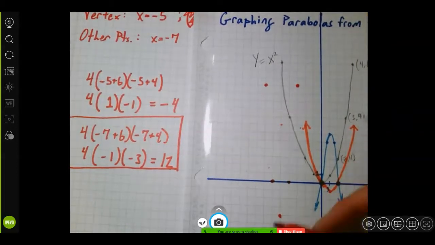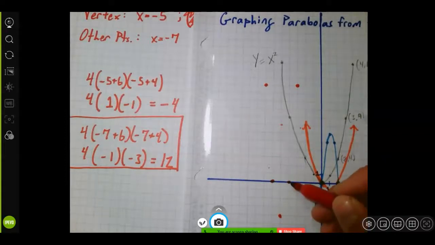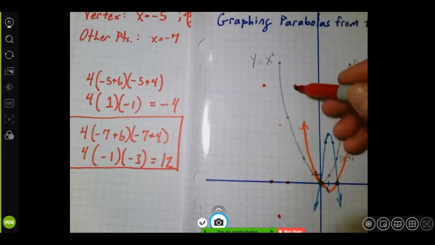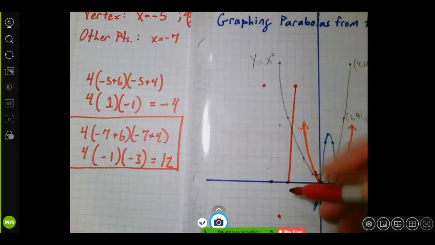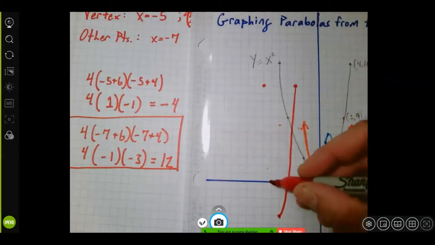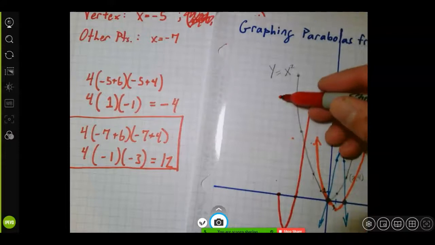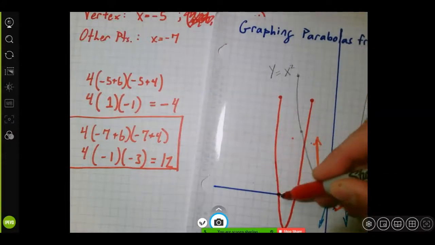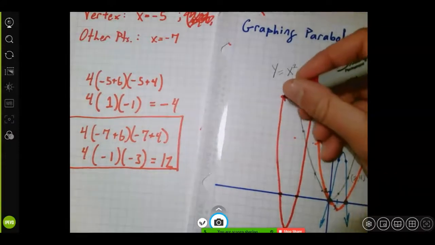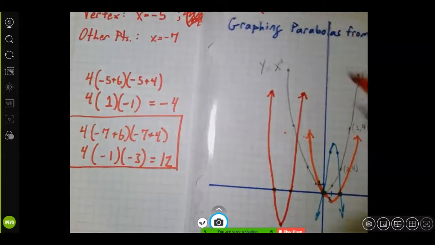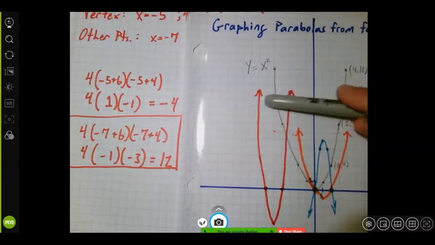So instead of just guessing what happens after these points, now I can actually connect them. Now this is tough, but when we're drawing parabolas, what I just did is what we want to try to avoid.